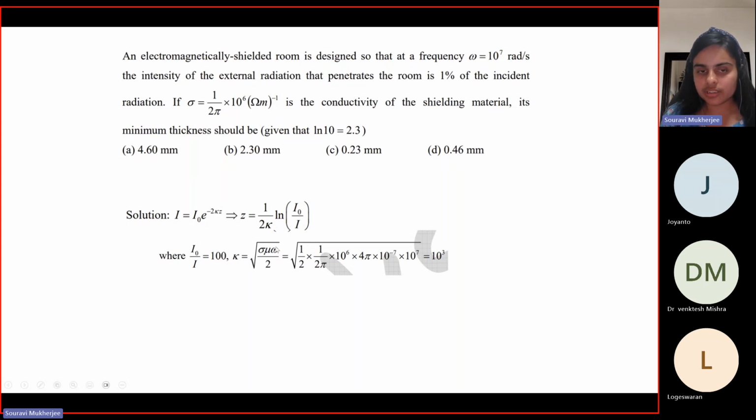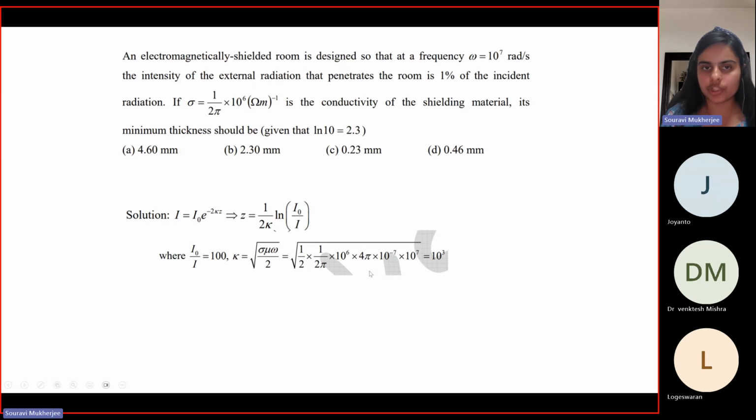And this is how the attenuation constant is related to the conductivity, the mu, that is the permeability of the medium, and the frequency. So frequency is given. You can consider mu to be 4 pi into 10 to the power minus 7. And you know what sigma is.